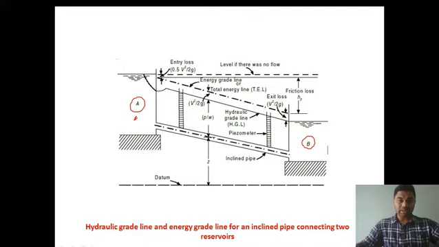This is our pipe. This is an inclined pipe, as you can see in the figure. Through this inclined pipe, the water from reservoir A is being transported to reservoir B under gravity.